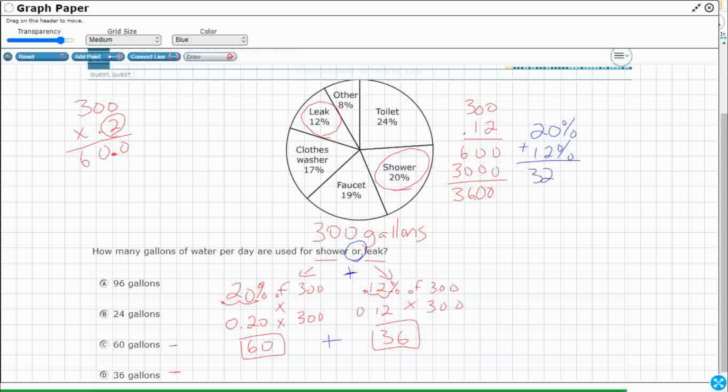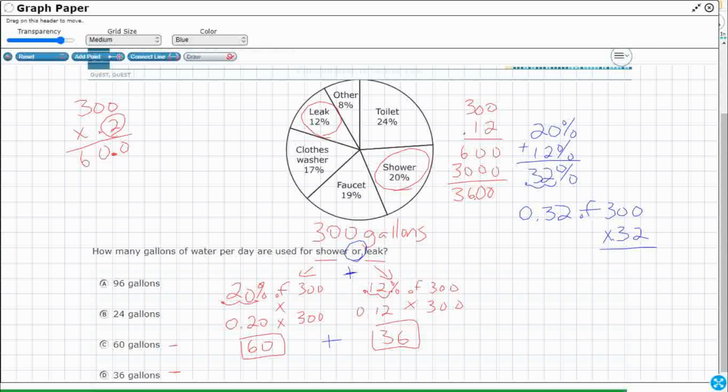So you get your 32%. Now you make that a decimal. So that's 0.32 of your 300. You can actually just multiply the 300, we'll do that right here, times the 0.32, and save yourself the multiplication. You don't have to end up doing it twice.